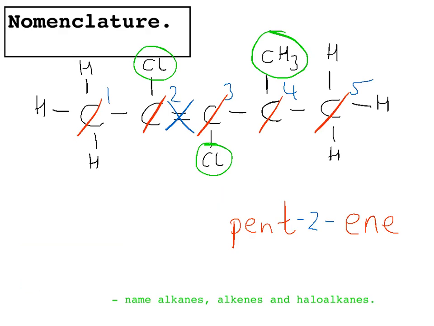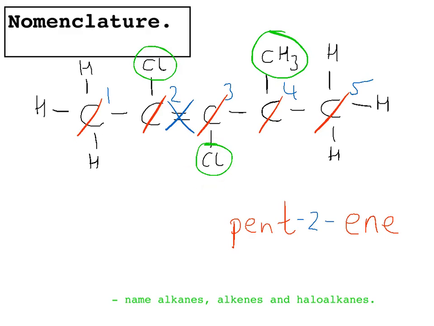Now, we can't just say dichloro. We've always got to say where those chlorines are. And so we use these numbered carbons again. One of the chlorines is on the second carbon, and one of the chlorines is on the third carbon.